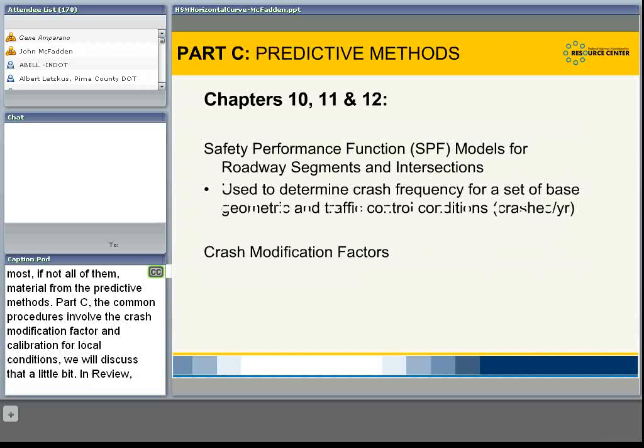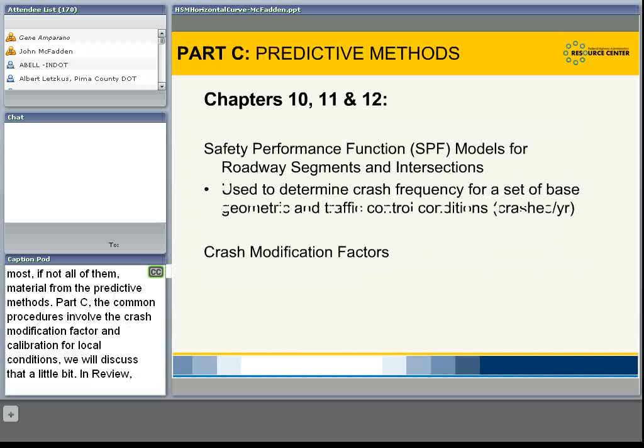With that theoretical knowledge, you then adjust to reflect your prevailing conditions. We're doing the same type of approach here. The number of crashes the safety performance function predicts is based on a set of base conditions, or ideal conditions, that we'll get to in a minute.